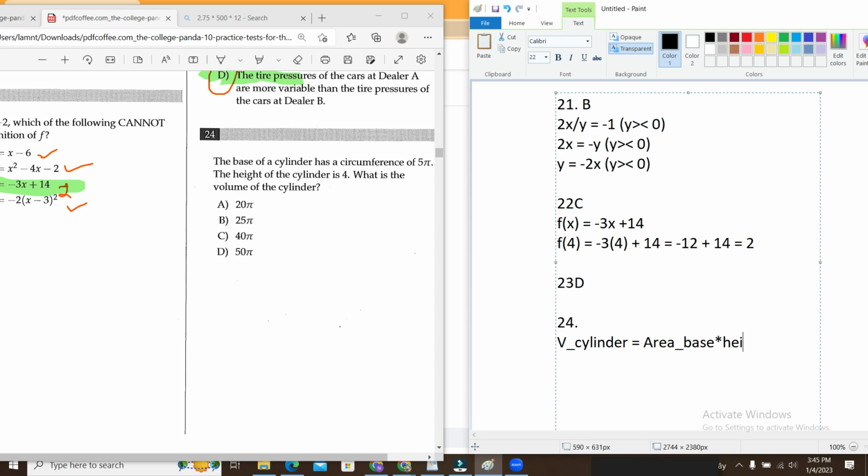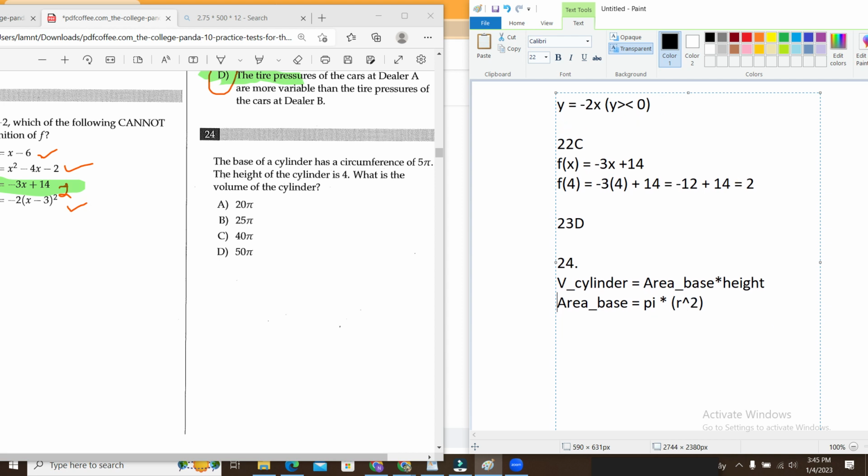So the area of the base is just pi times r squared. We know the circumference of the base, so in order to find the volume of the cylinder, we're going to have to find r, right?